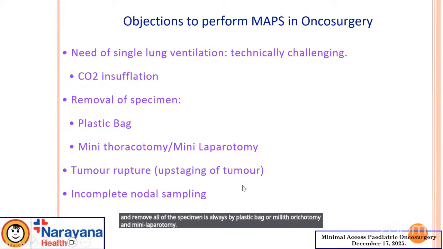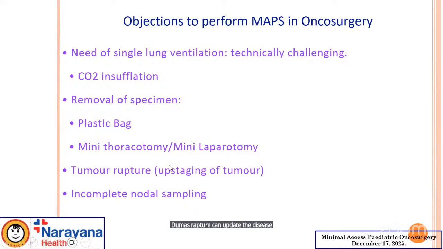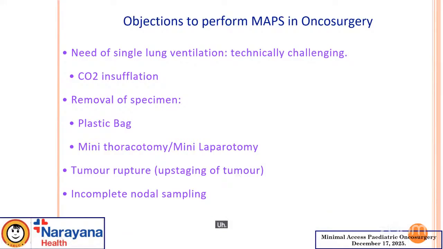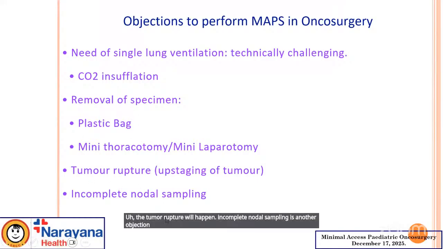Tumor rupture can upstage the disease, but with gentleness you can avoid it. It can happen even in open surgery, so it is not that tumor rupture will happen only in minimal access surgery.